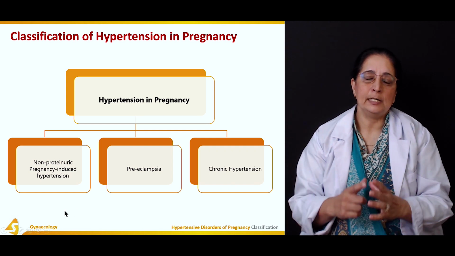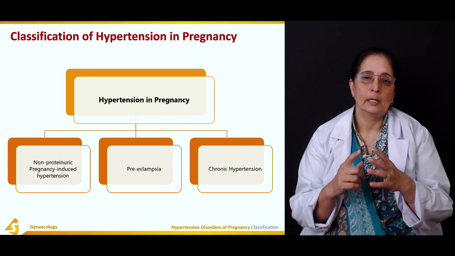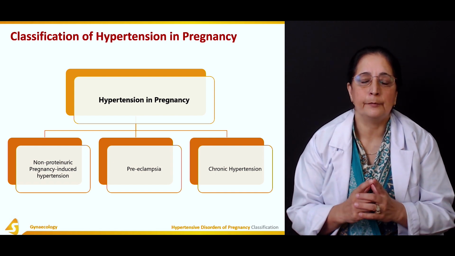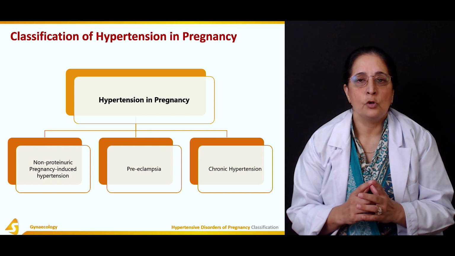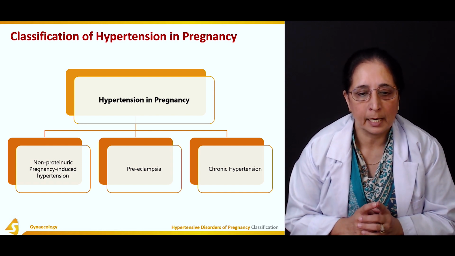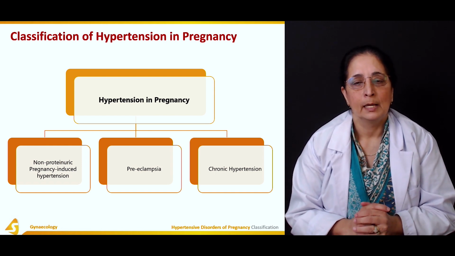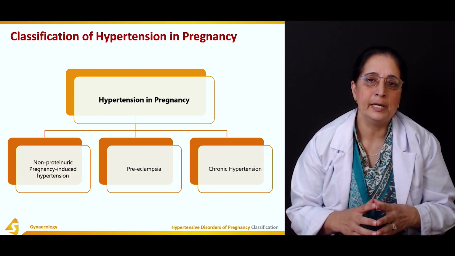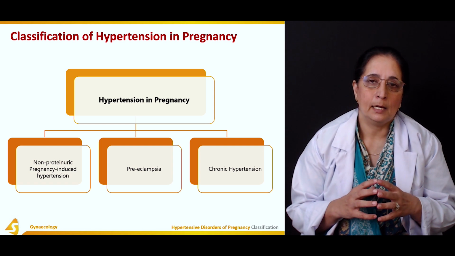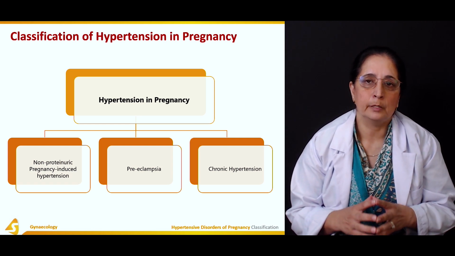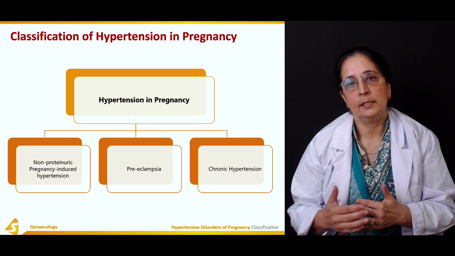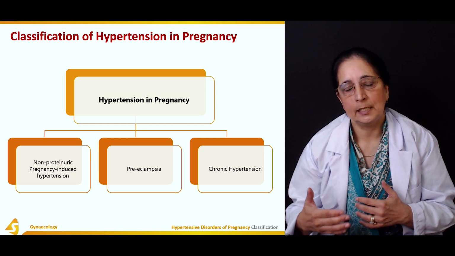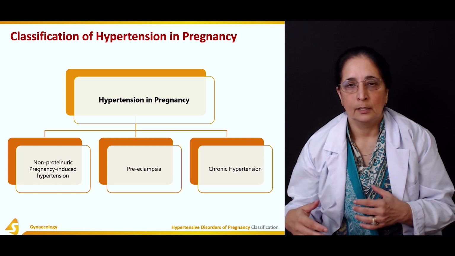So gestational hypertension that develops during the pregnancy is the non-proteinuric type of hypertension. That's the differentiating point between preeclampsia and gestational hypertension, because in preeclampsia there is an increase in the protein level, proteinuria.